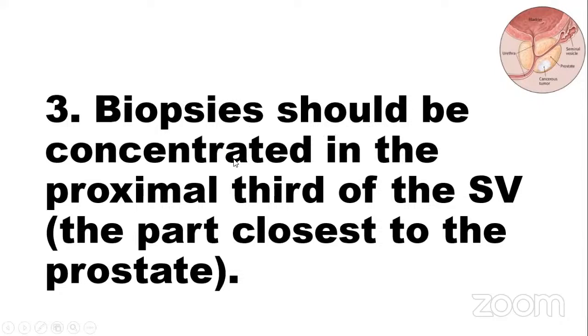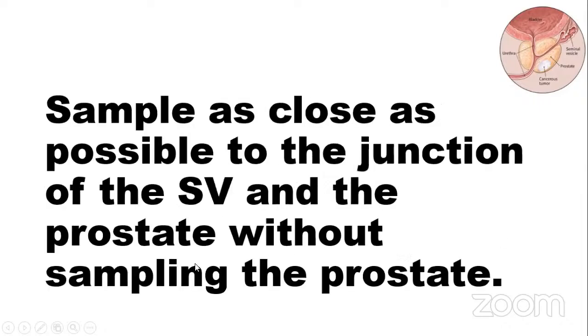Biopsies should be concentrated in the proximal third of the seminal vesicles, that is the part close to the prostate. Sample as close as possible to the junction of the seminal vesicles and prostate without sampling the prostate.